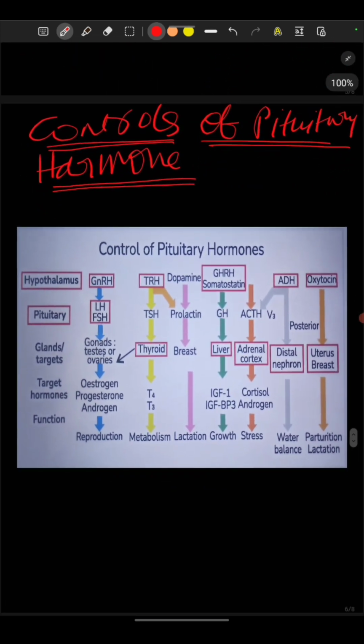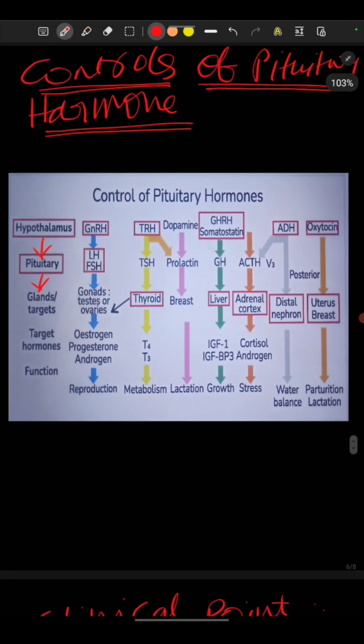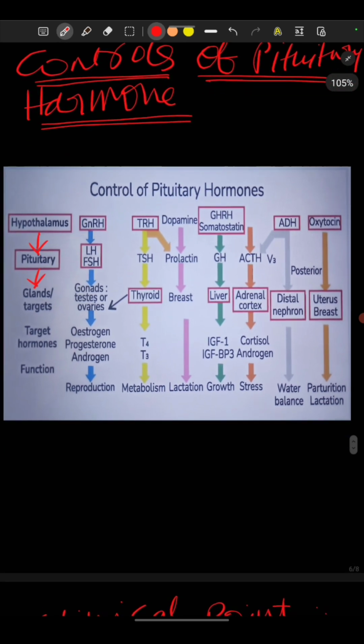Controls of the pituitary gland. In the hypothalamus, these control hormones are created. From there, they enter the pituitary and result in the production of the endocrine hormones, which act on their targets and produce the function.